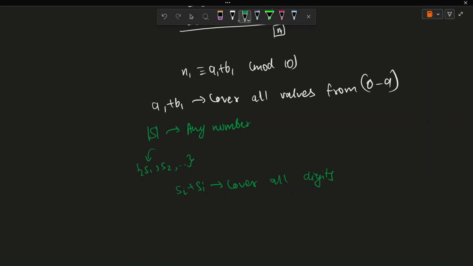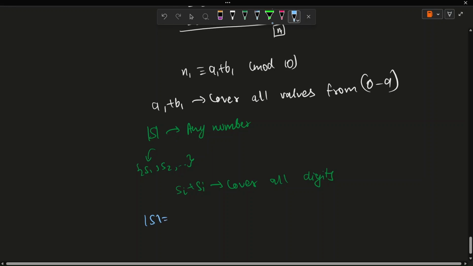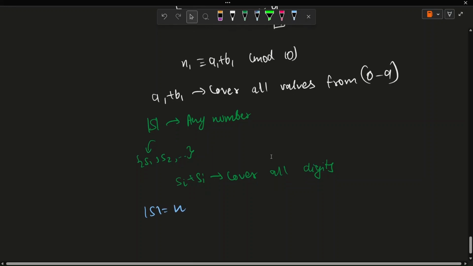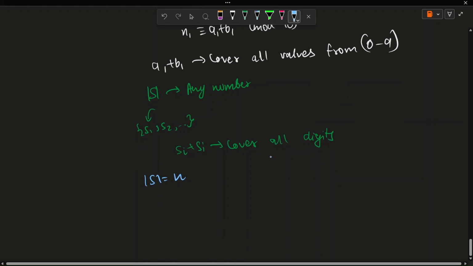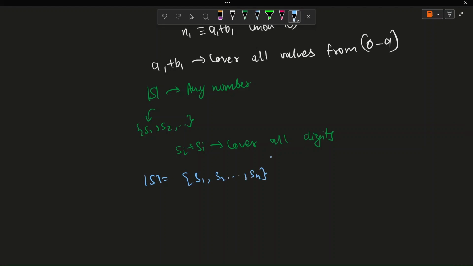Suppose S has n elements, |S| equal to n. So what is the total number of different sums here? This is s1, s2, up to sn. We can choose two different ones, which can be done in n choose 2 ways, or we can choose the same element twice, n ways.